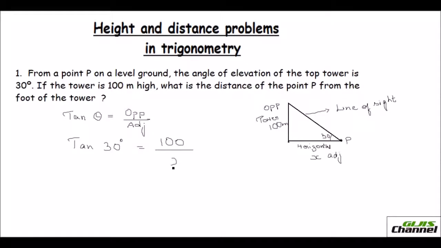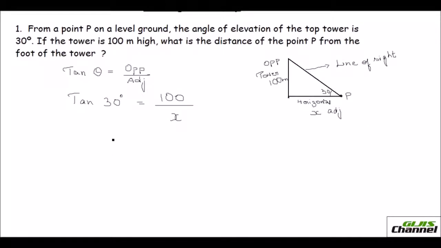So I take it as x. Tan 30 is 1 by root 3. You can either use your calculator or you can use the trick which I've already explained in another video clipping. So 1 by root 3 is equal to 100 over x.